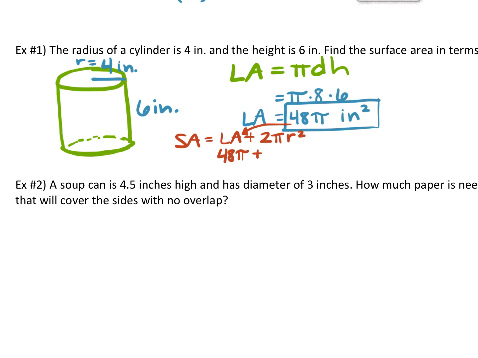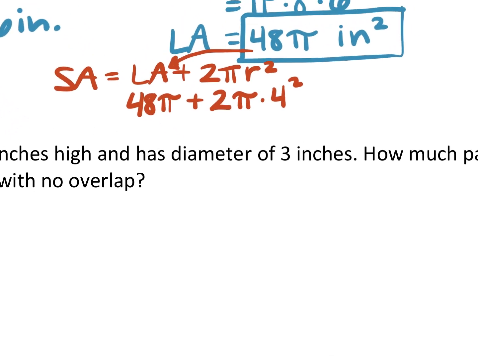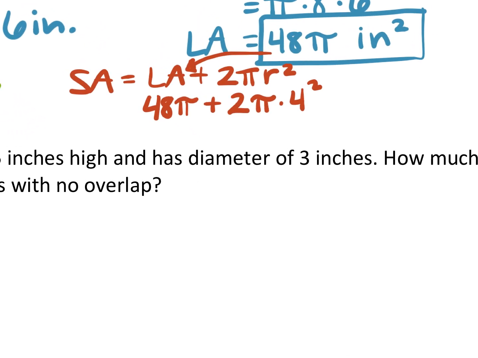Okay, 48 pi plus 2 times pi times r squared. What is r squared? 4 squared, or 16. Okay, so this is where this one gets a little easier to make a mistake on.